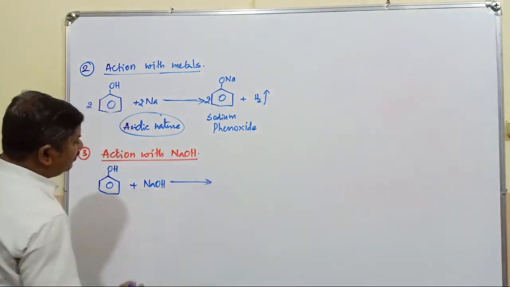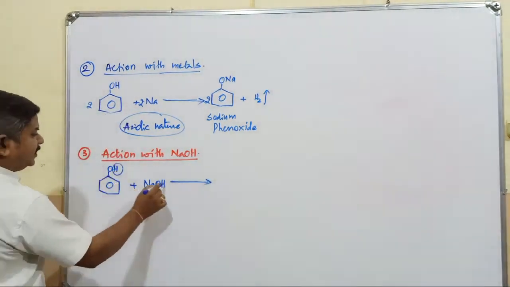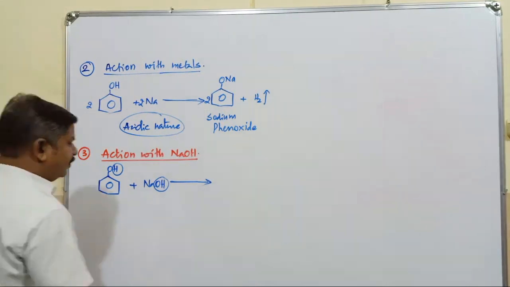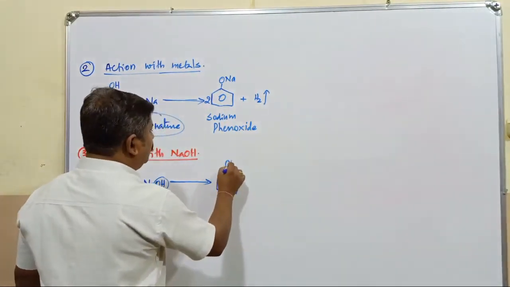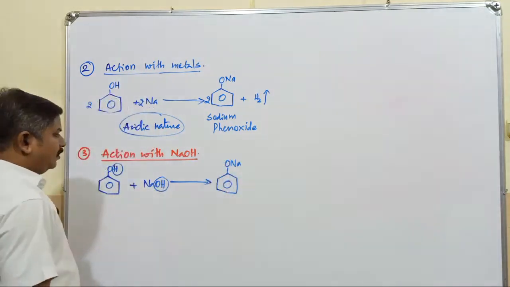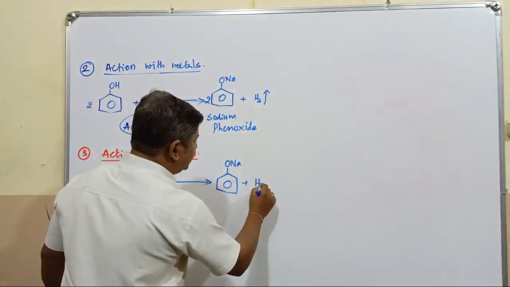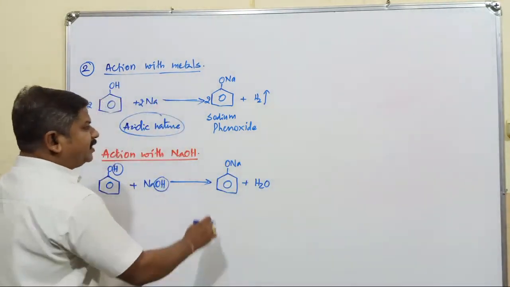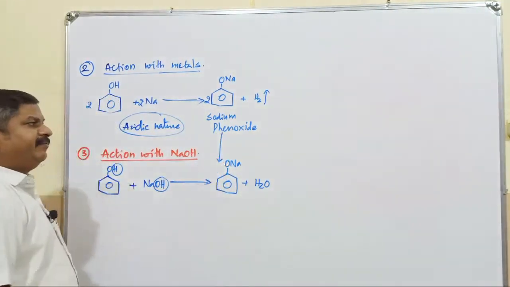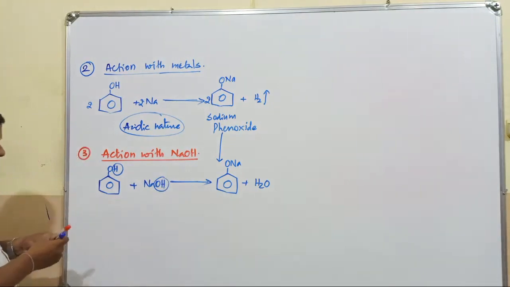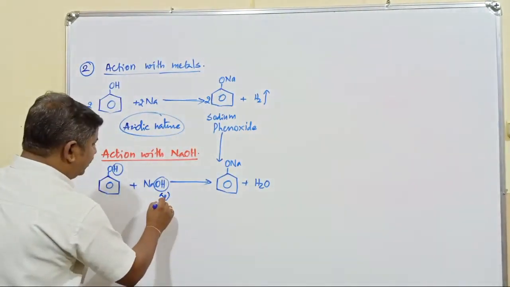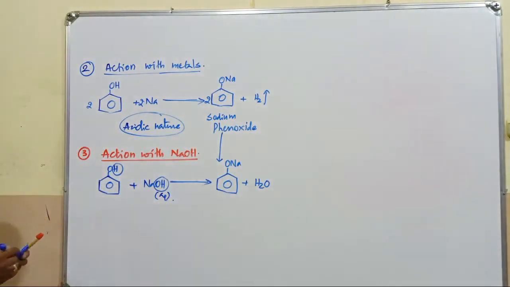The H plus combines with OH minus of sodium hydroxide and the compound produced is C6H5ONa. The byproduct is H2O. The compound is again sodium phenoxide, the same sodium phenoxide as in the previous reaction. It is aqueous sodium hydroxide.